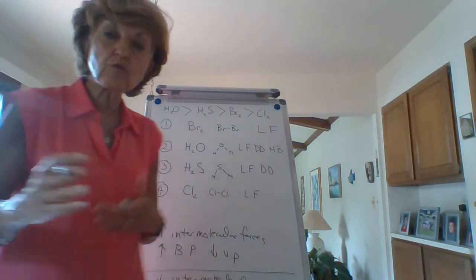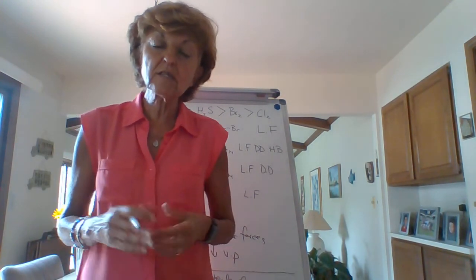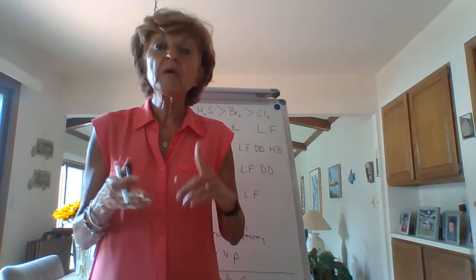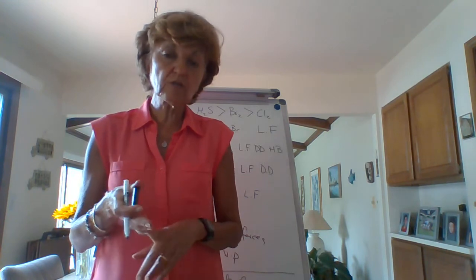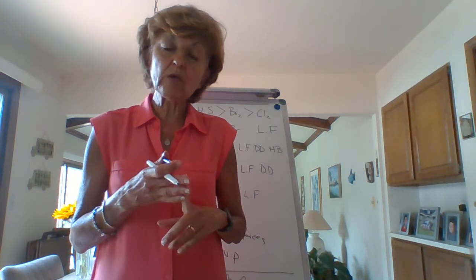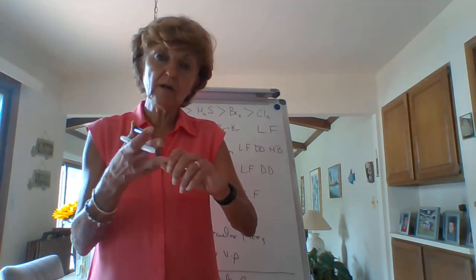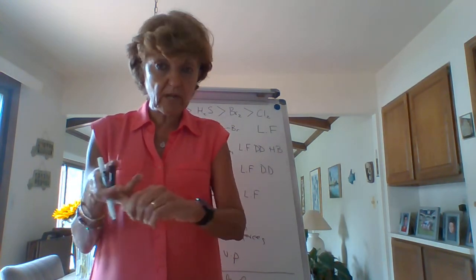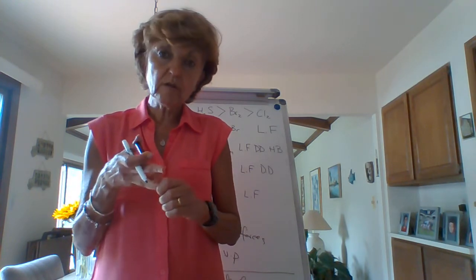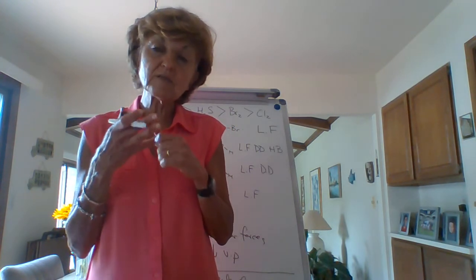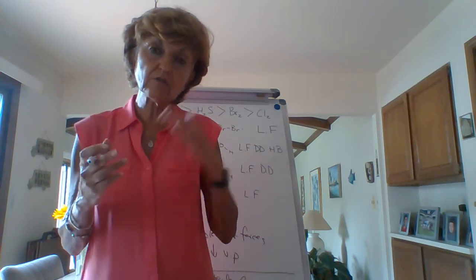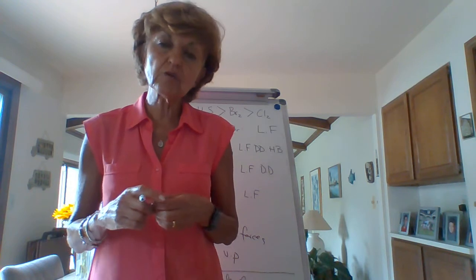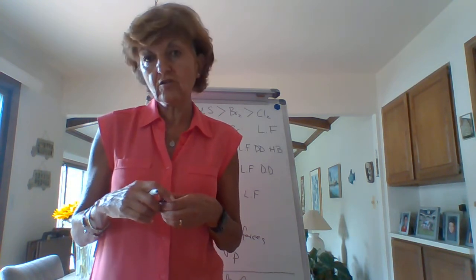So you should be able to rank molecules based on this. You have to first look at the molecule, determine if it's polar or nonpolar. If it is polar, see if there's a hydrogen bonded to an FON, and that way you can determine if it has a hydrogen bond, if it has a dipole-dipole. Everybody's got a London force, polar and nonpolar. Polar molecules all do dipole-dipole, and specific polar molecules that have that hydrogen bonded to that amazing FON, that's when you're going to have the hydrogen bonds.